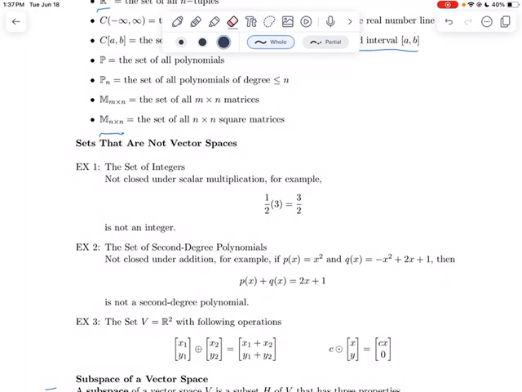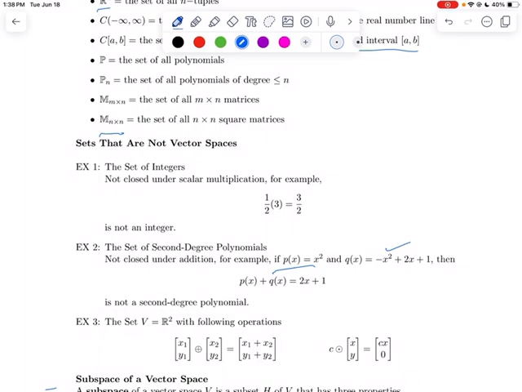So here is an example. When we say no, it's not going to be a vector space, we have to give an example. Here, p of x is x squared, one of the polynomials, which we pick because it's a quadratic polynomial, and the other one is negative x squared plus 2x plus 1. This is also a polynomial of degree 2, so it is in the set P2.